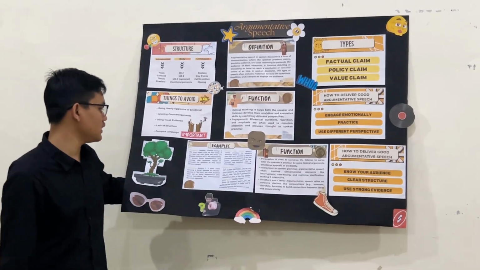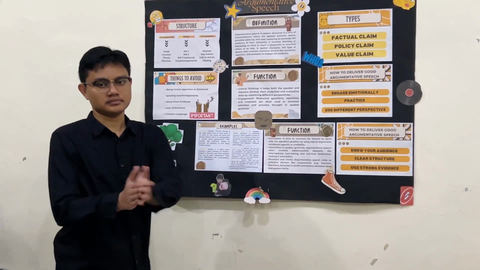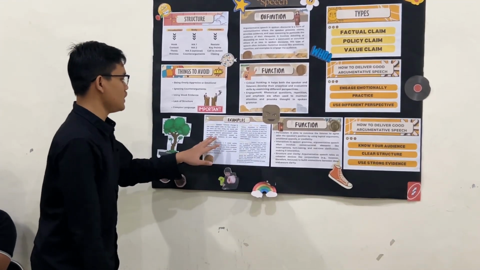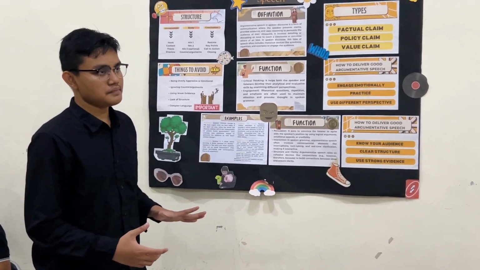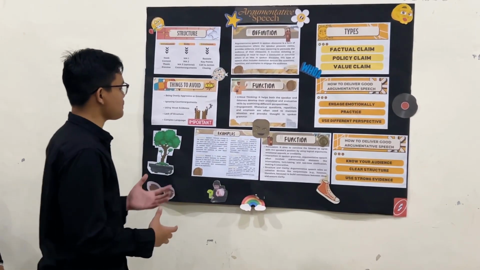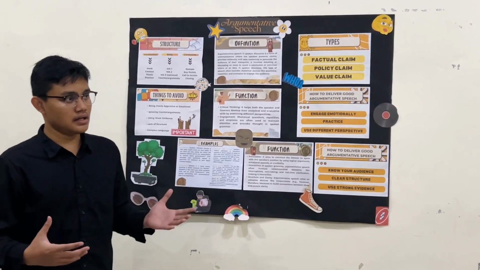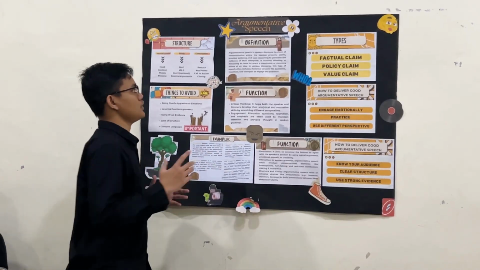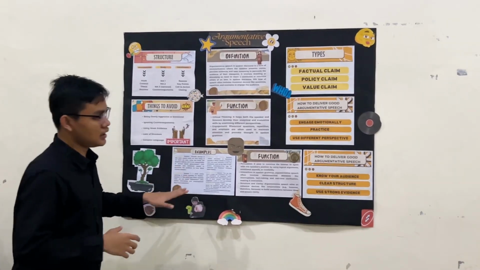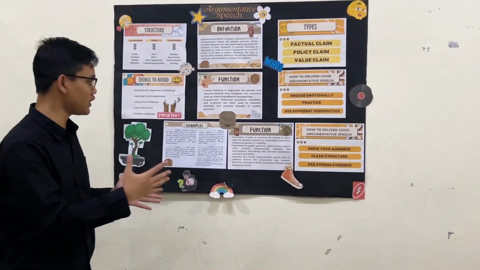Where is the emotional appeal? To protect the generation. Correct. So the speaker uses that our future generation will not get the beauty in this world if climate change continues.